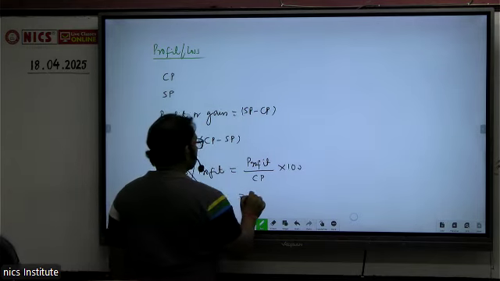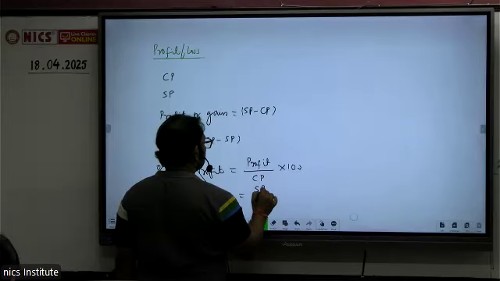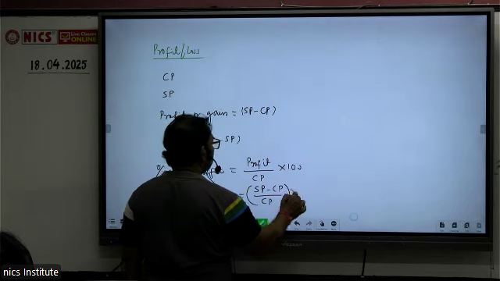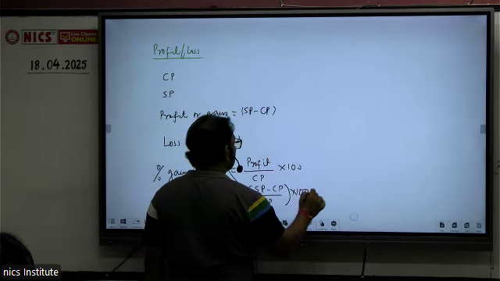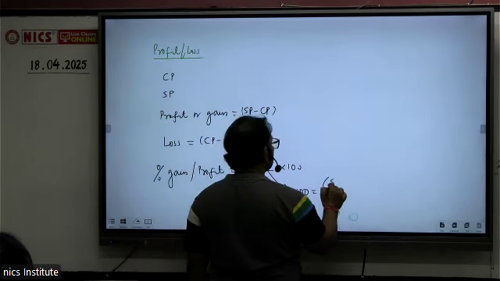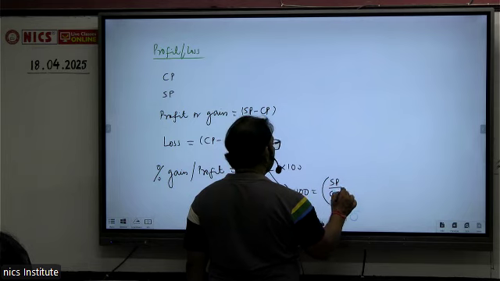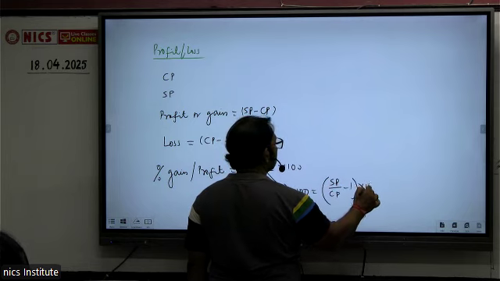And it is SP minus CP by CP into 100, which you can also write as SP by CP minus 1 into 100.